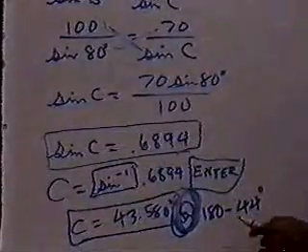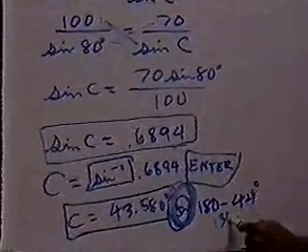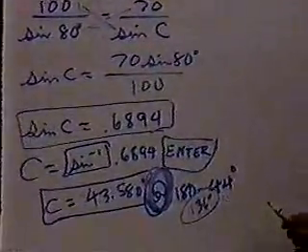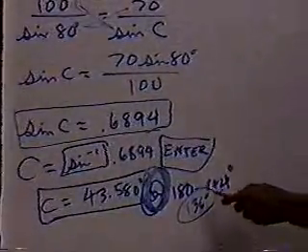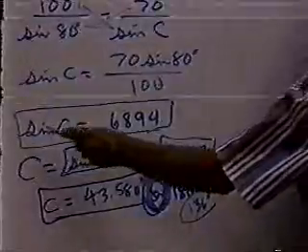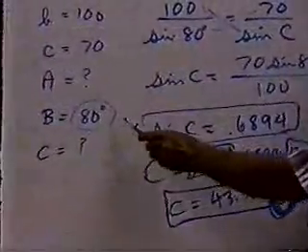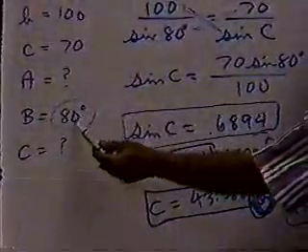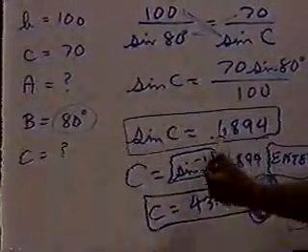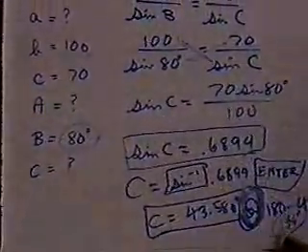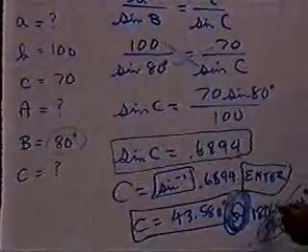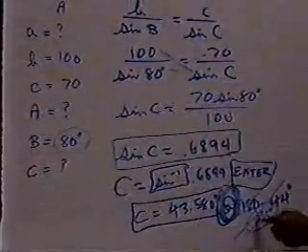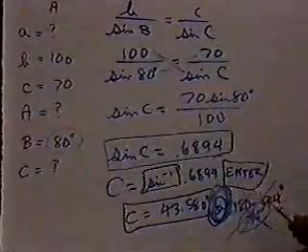Now, back to this one, 136. Why can't 136 be true? Because, look back over at the B angle, it is 80 degrees. So 80 and 136 adds up to more than 180 degrees. So this one gets eliminated because it won't match up with the given numbers.